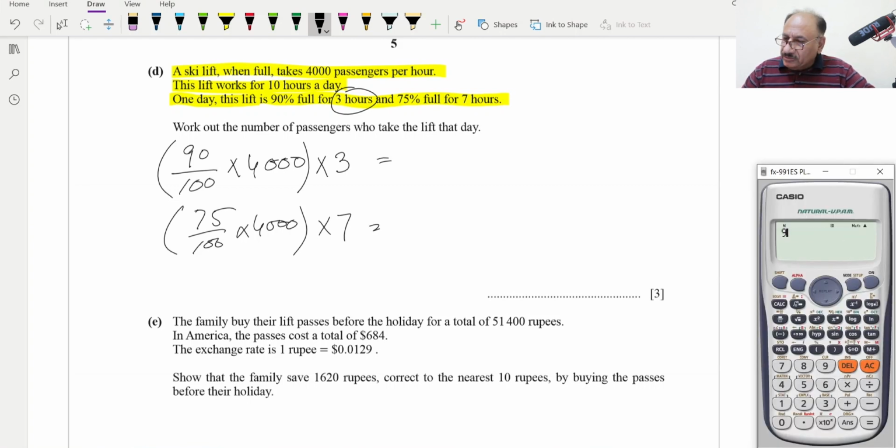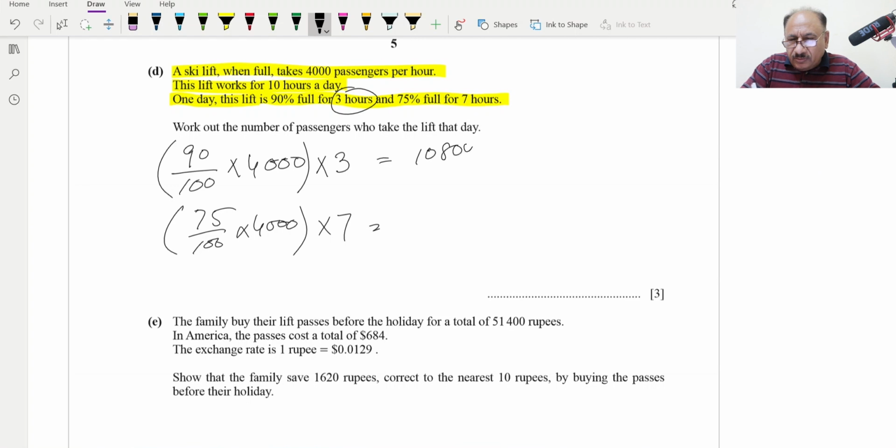So 90% of 4,000 is equal to this one, and multiplied by 3 will be equal to 10,800.